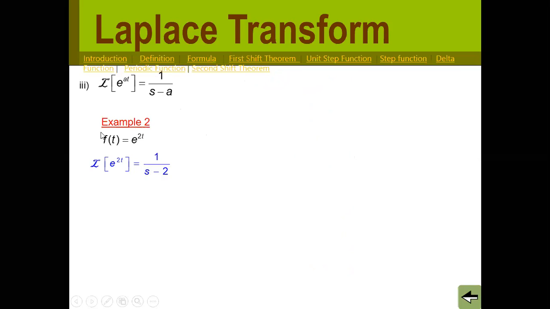Now, if the question is f(t) is e^(2t), where a is 2, just substitute a is 2. So 1 over s minus 2. Then f(t) equal to e^(-5t). Laplace of e^(-5t): substitute a is minus 5.